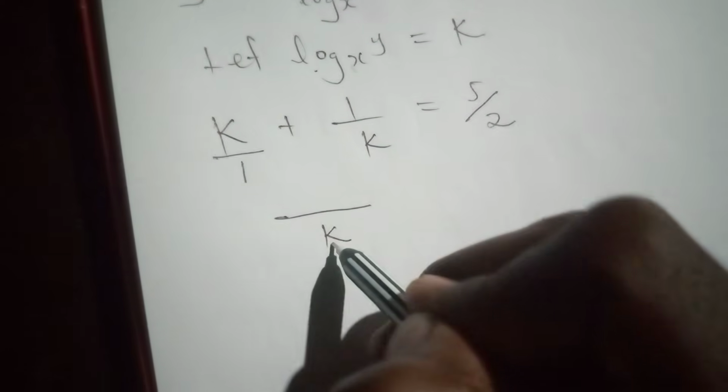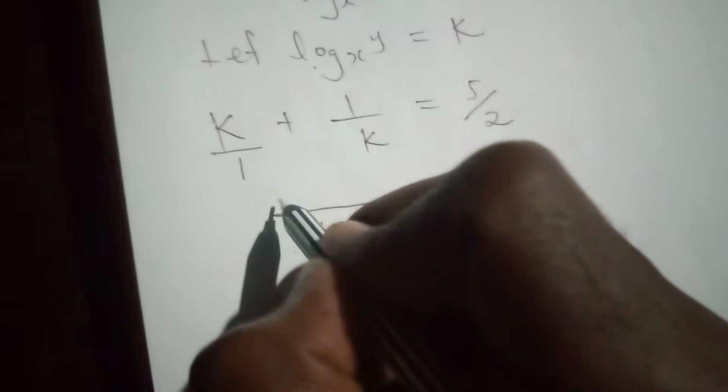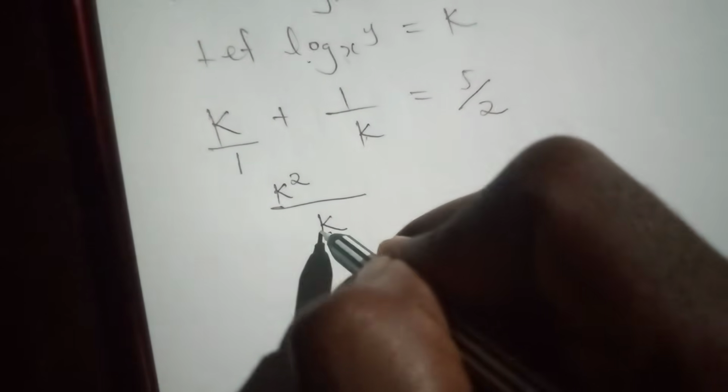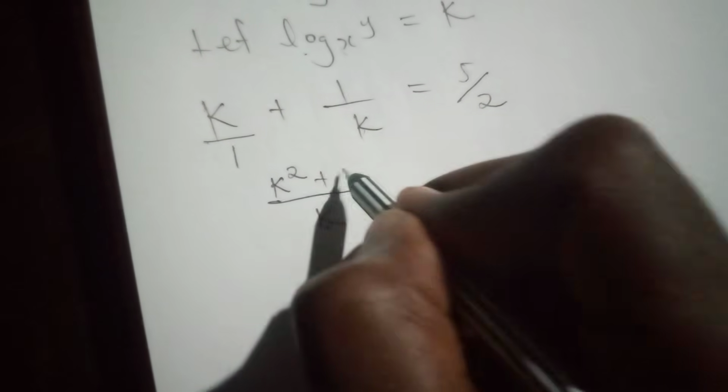That into that, it's k times k, k square. k into 1, it's k... 1 times 1, it's 1, is equal to 5 over 2. So what you are going to do is cross multiply. So this 2 is being multiplied with the numerator, and that k will be on that numerator side. So that is 2 times k square plus 1 is equal to 5k. So 2k square plus 2 is equal to 5k.